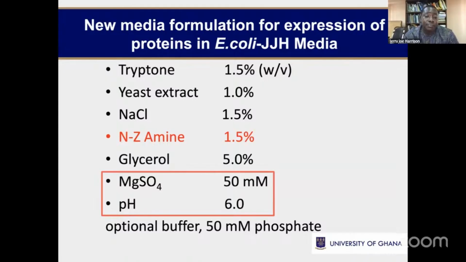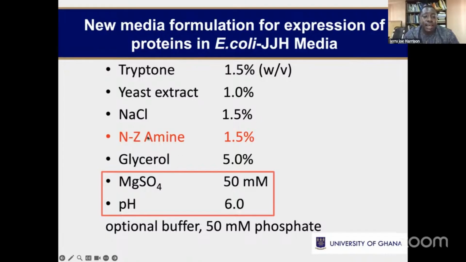I found out these things one after the other, or sometimes even serendipitously. But I found that having a lot of nutrient is very helpful. So instead of 1%, I had tryptone 1.5% weight by volume. Regular media, yeast extract 1%, sodium chloride, a bit more salt, appear to be much better.